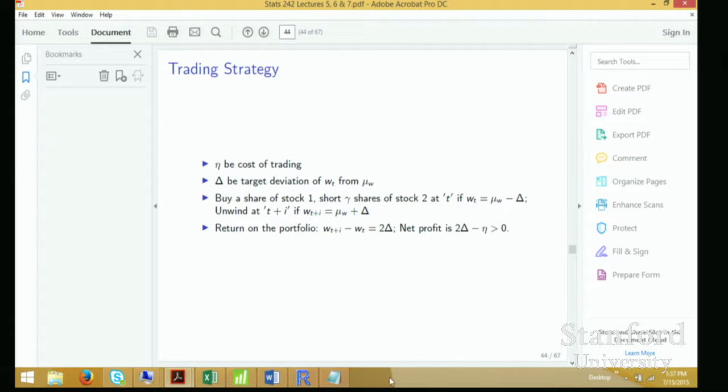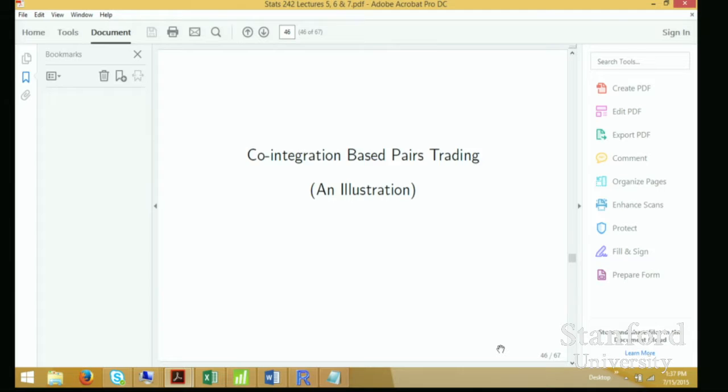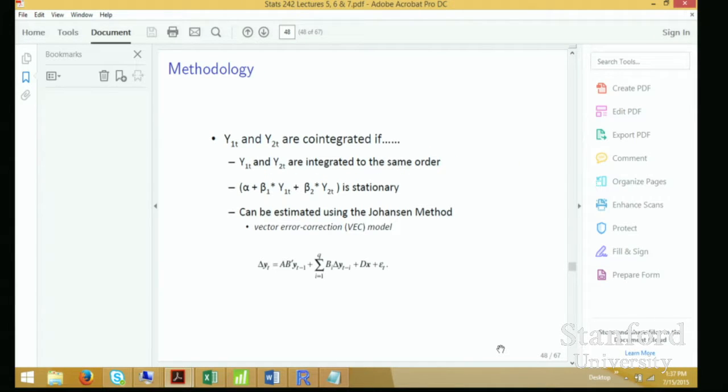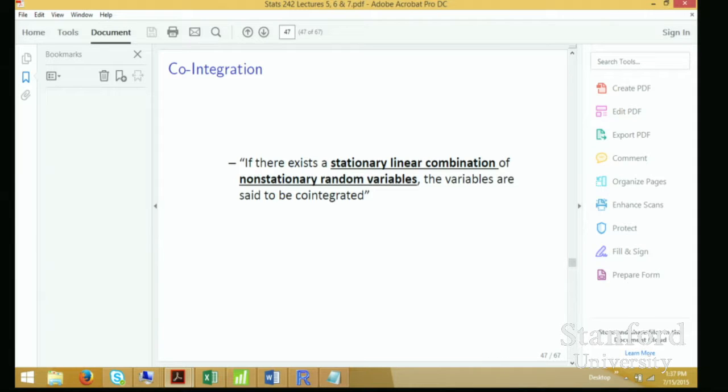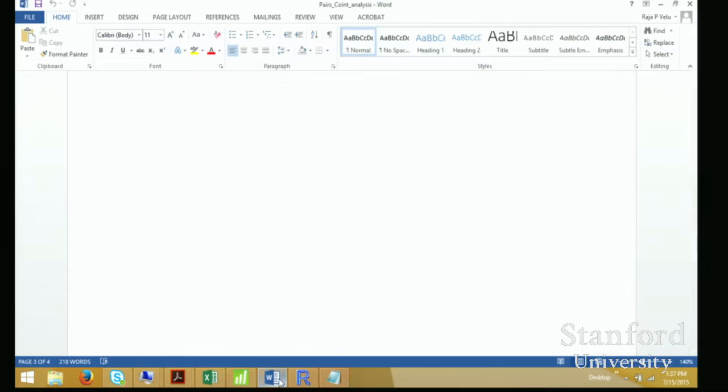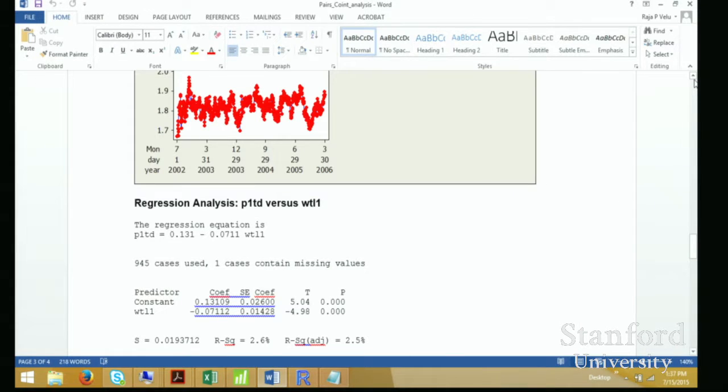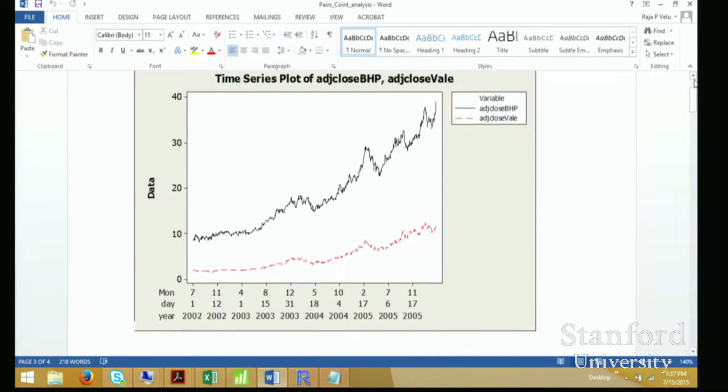Okay, but let me give you another approach people have taken, and this is based on Engel and Granger approach. So before I get to it, let me show you some calculations that I have done here. Okay, what exactly is Engel and Granger approach?